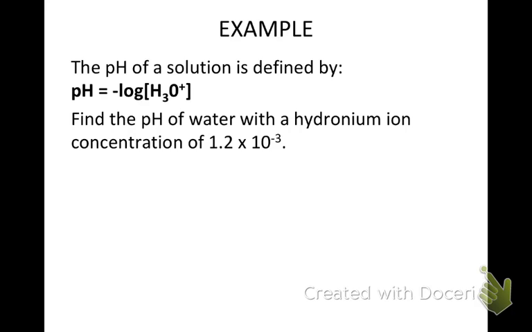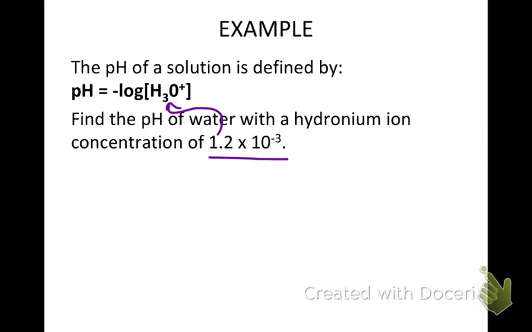Okay. So we want to find the pH of water with hydronium ion concentration of 1.2 times 10 to the negative third power. So if this is my formula, I'm going to input the 1.2 times 10 to the negative 3 power in place of my hydronium ion concentration, and I just have to then evaluate.